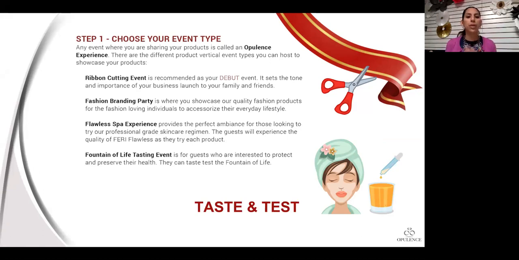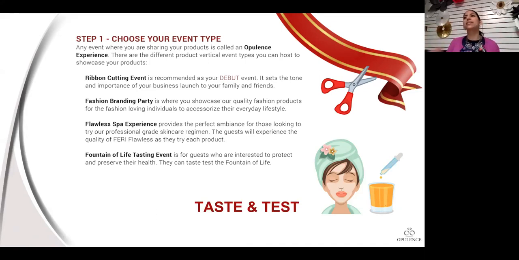But if you want to do a very specific type of party, that is awesome. For example, the ribbon cutting event, which is one of my favorites to do, and I believe one of the most successful events. It's like your debut, your first event, where you call all your friends and family. It sets the importance of your new business, and it's like the launch of your business. It's easier for you to talk to probably 50, 60, 70, 80 people, and maybe 20 people are going to show up.